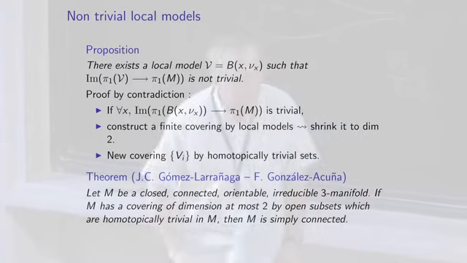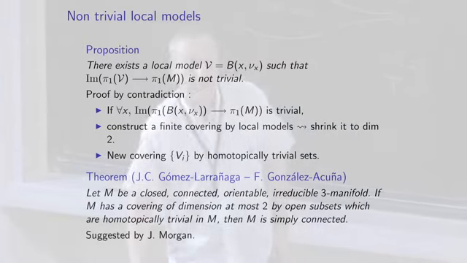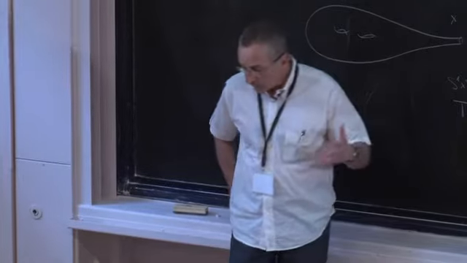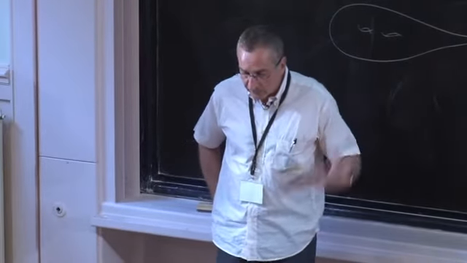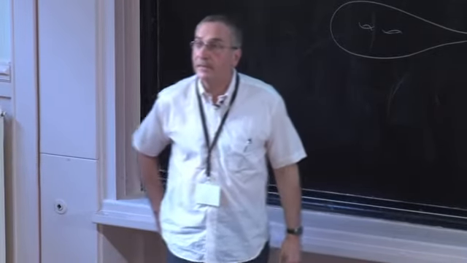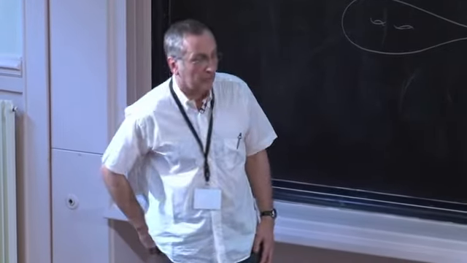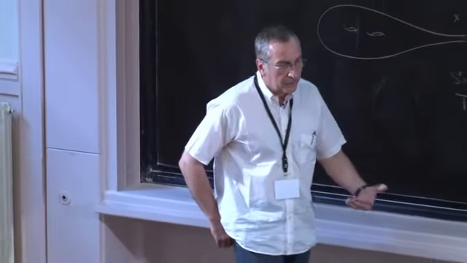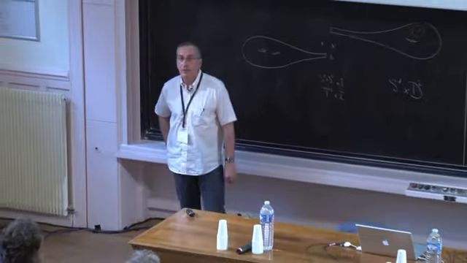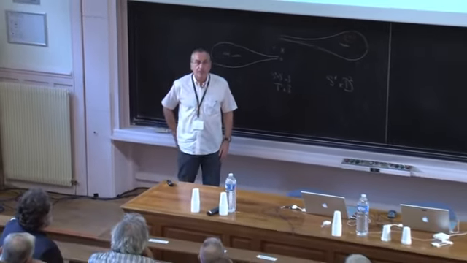This was suggested to one of us by John Morgan. Before this, we had a stronger hypothesis in order to have this technique work. We supposed that the manifold was aspherical, or had infinite fundamental group. And then we used, at the time, a covering theorem due to Macmillan for aspherical manifolds.